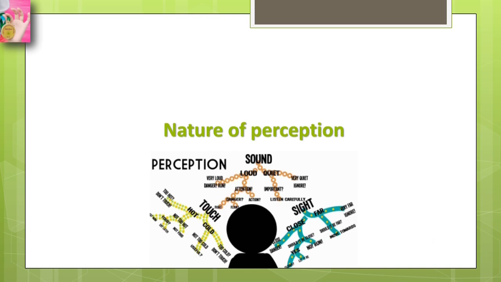Now, in our previous chapter, which was about sensation, we discussed the nature and various kinds of sensory processes that are used for gathering information about the internal and external world. These processes are used so that we become aware of the present stimuli in the environment.